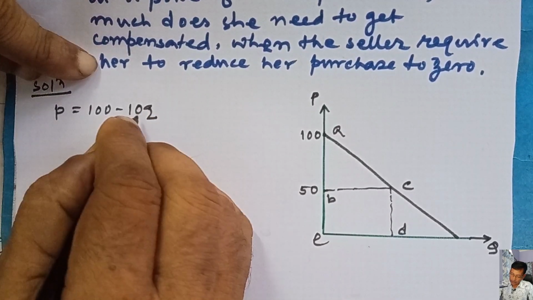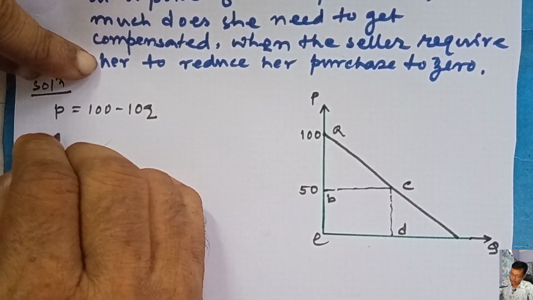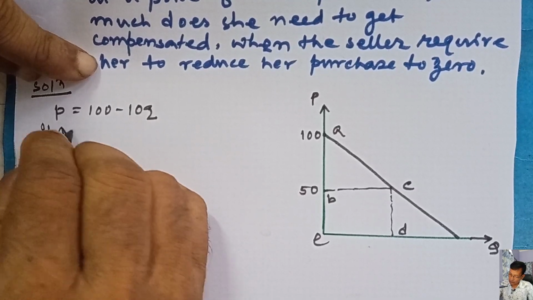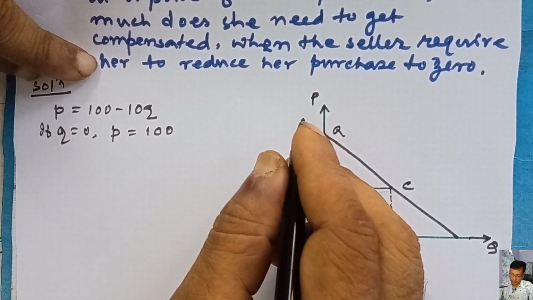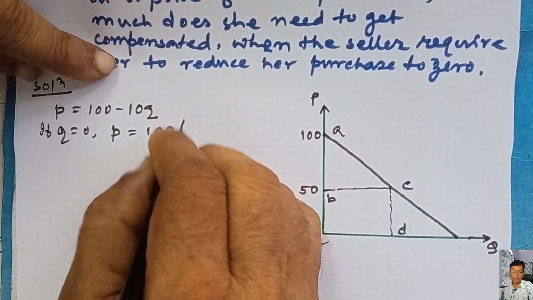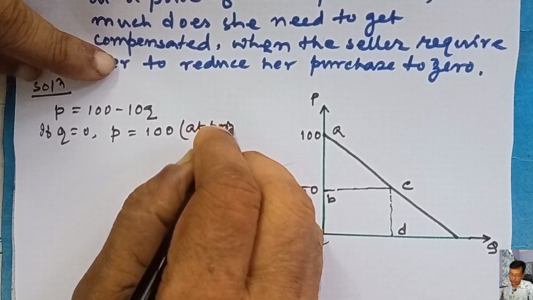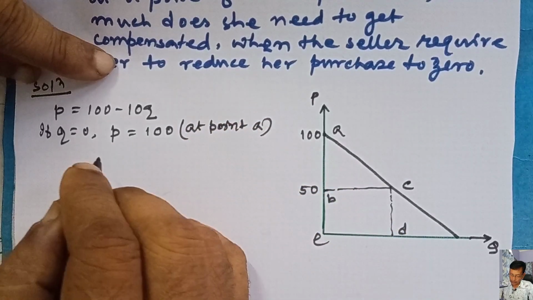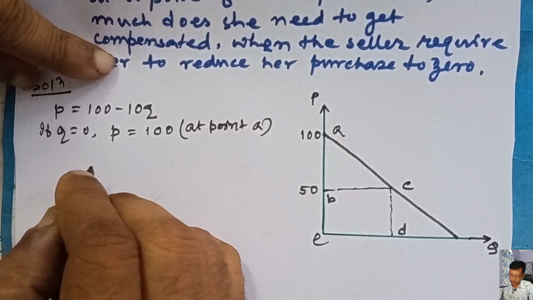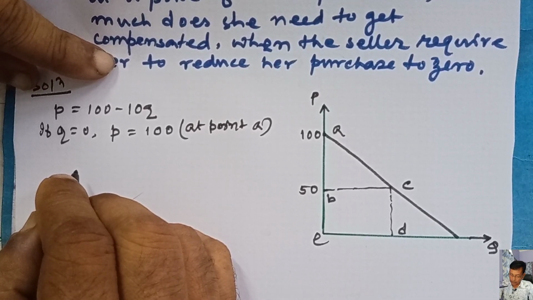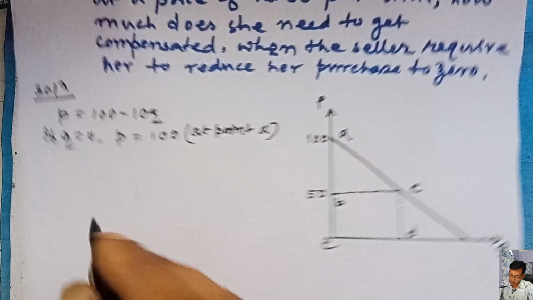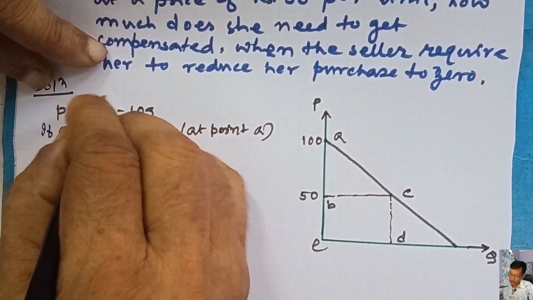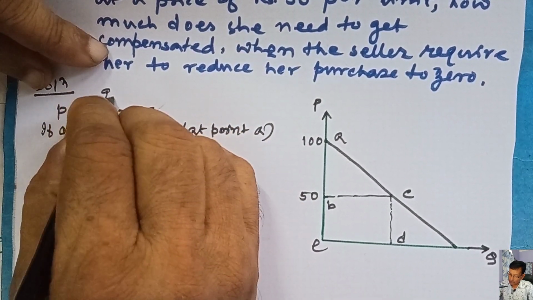So if Q is equal to 0, then P is equal to 100. This is at point A. Again, the consumer consumes 5 units of goods, that means Q is equal to 5.